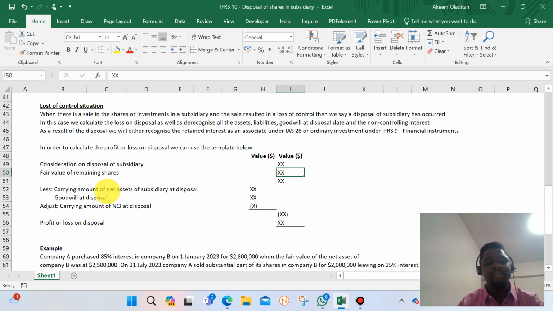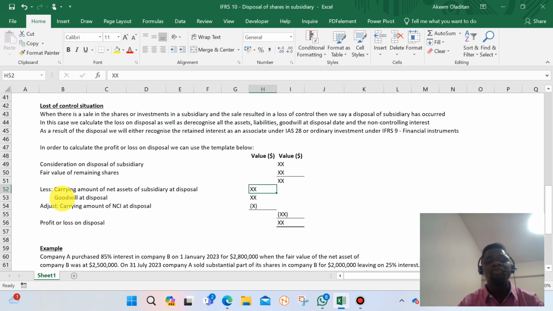We add it together, then we take out what is left. What have we sold? What we have sold is the carrying amount of the net assets of the subsidiary at disposal, because there will be value of the subsidiary in the form of equity shares, retained earnings, reserves, and others. So the carrying amount that is sitting in the books of the subsidiary at the date of disposal is what we show here.